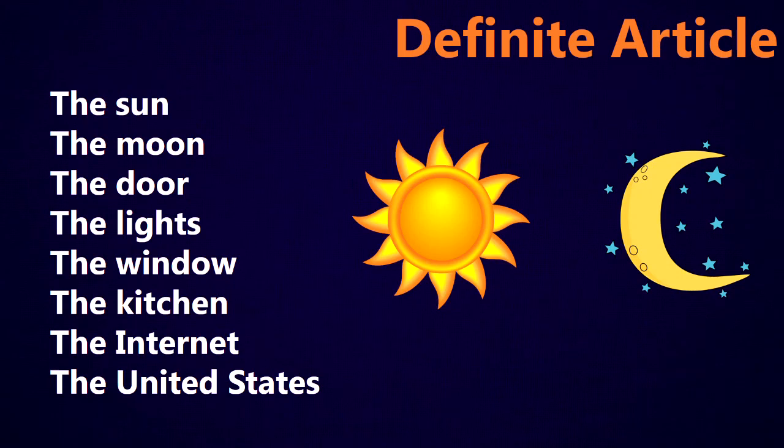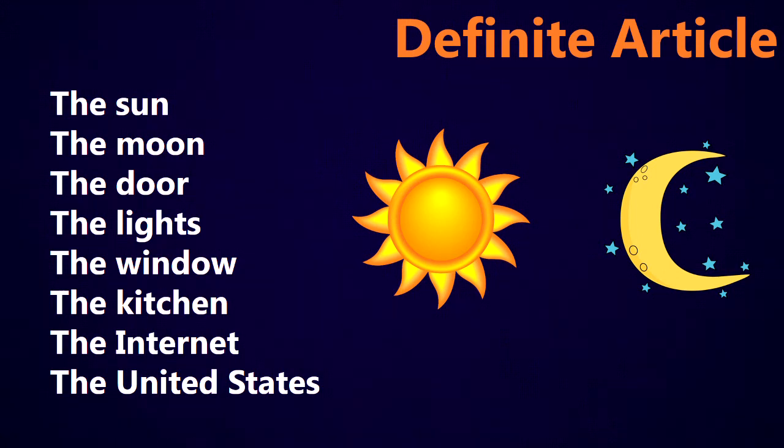So we do use the definite article pretty much all the time with certain words. For example, the sun, the moon. We use it with these because we only have one sun and we only have one moon. Now, if I'm in a room or a building, I would say the door or the lights or the window or the kitchen.